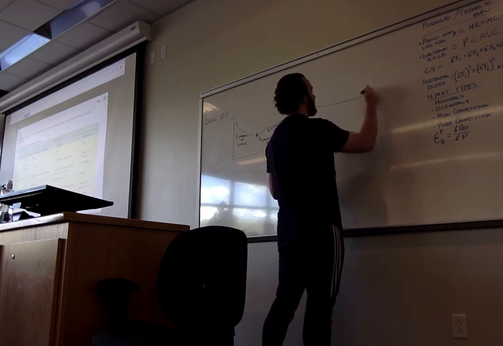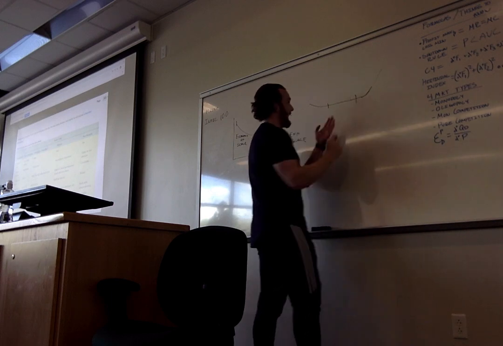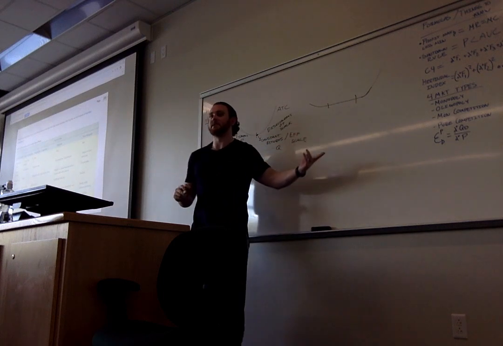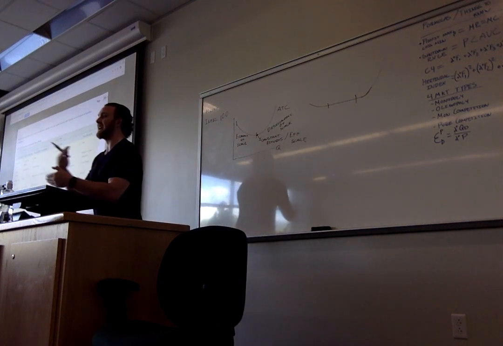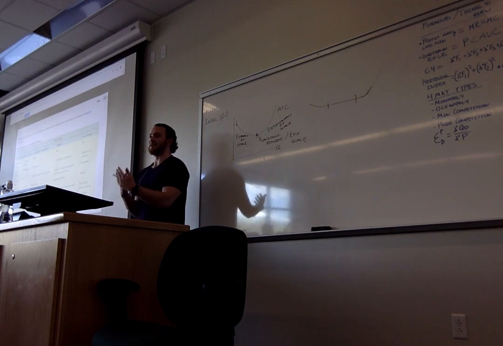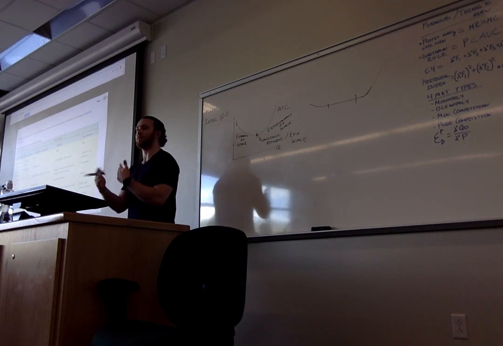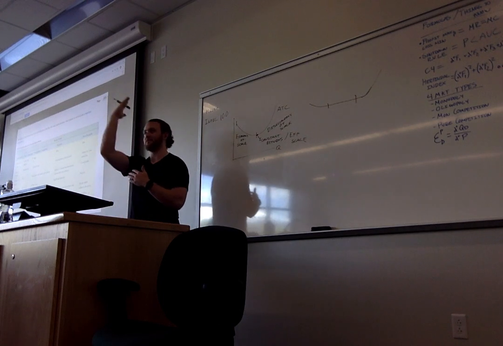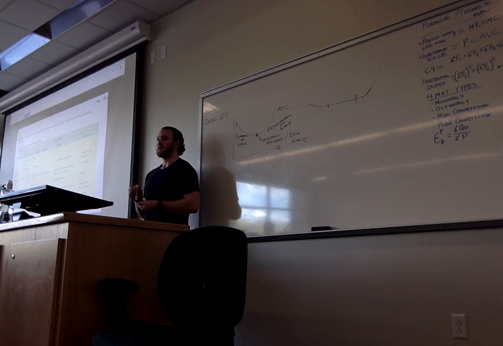That whole flat area is called constant returns to scale. It means that as you're scaling, with each additional unit your costs stay the same for maybe 1, 2, or 3 units, and then all of a sudden it starts going back up. Does that make sense?